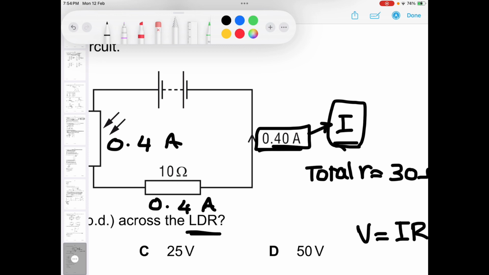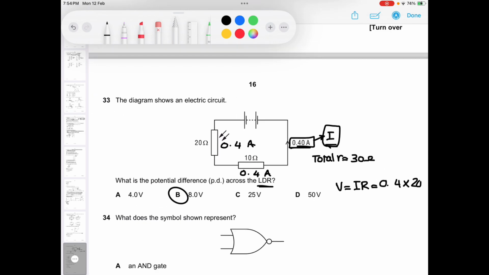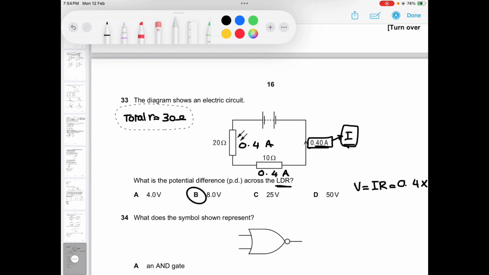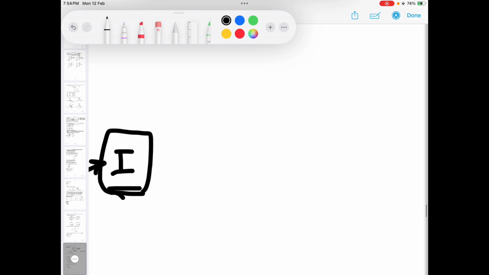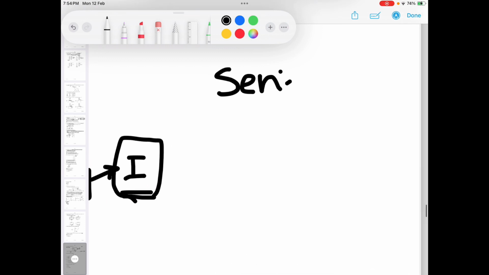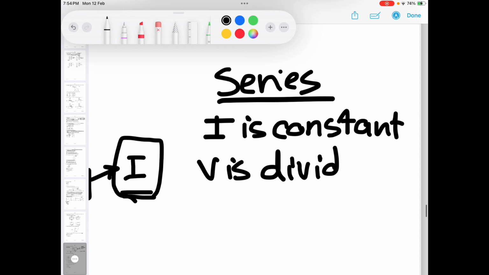Okay, so again, this information does not really matter, but this is just for FYI because we're in a series circuit, so the resistance can be just added up together. And because we're in series, the I is constant, and the V is divided.